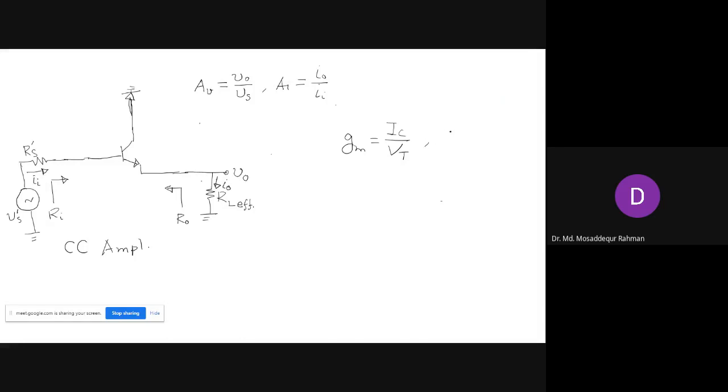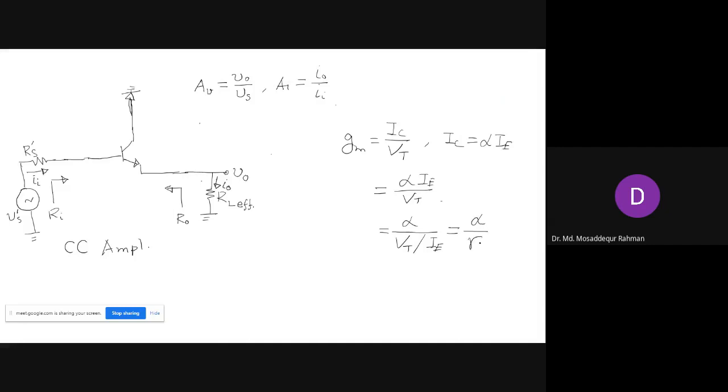IC is alpha IE, so this we can write as alpha IE by VT, which is alpha divided by VT by IE. And what is VT by IE? It is small RE.